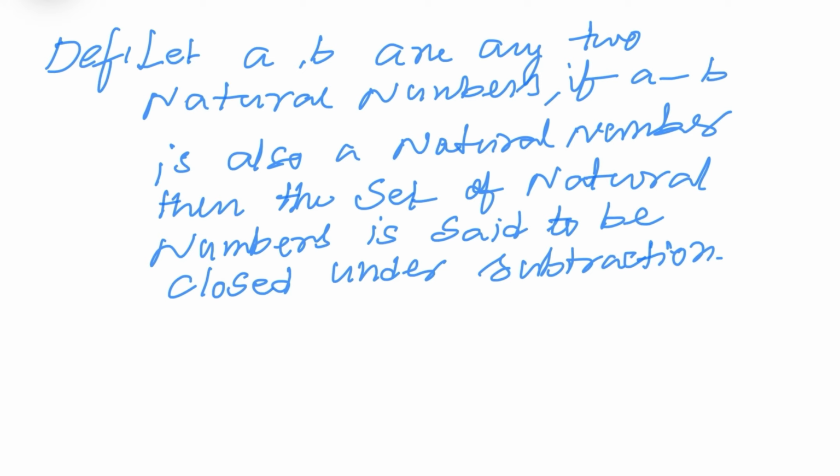If A minus B is also a natural number, then the set of natural numbers is said to be closed under subtraction. If you don't involve the word set, you can say natural numbers are closed under subtraction.